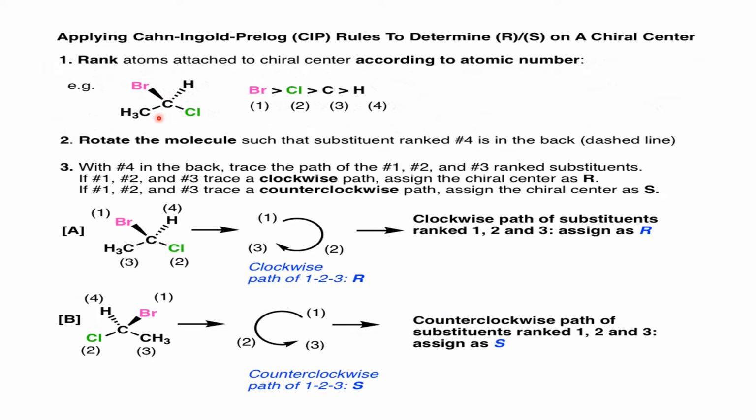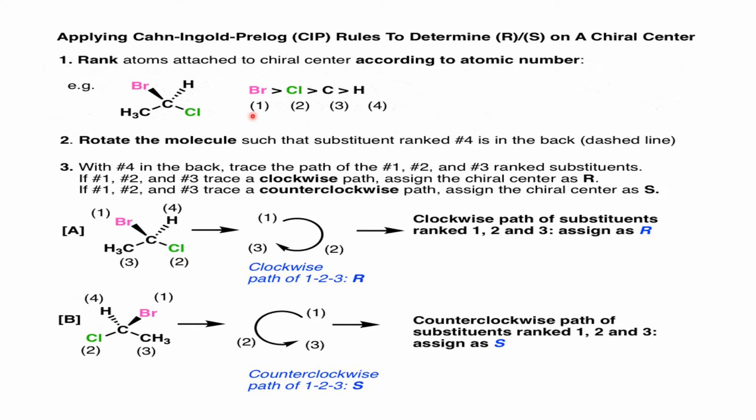We know bromine is having maximum atomic number. Hence, the first priority is to bromine. Chlorine is having the second highest atomic number. Hence, the second priority is to chlorine.